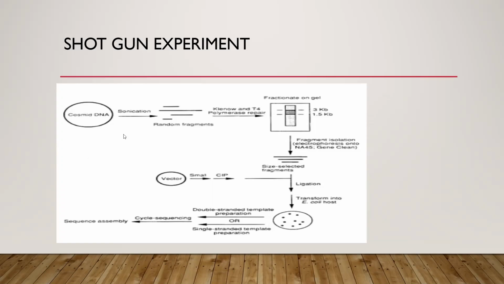This is cosmid DNA. Take the cosmid DNA, which has two parts: plasmid and phage lambda DNA. Next step, sonication.